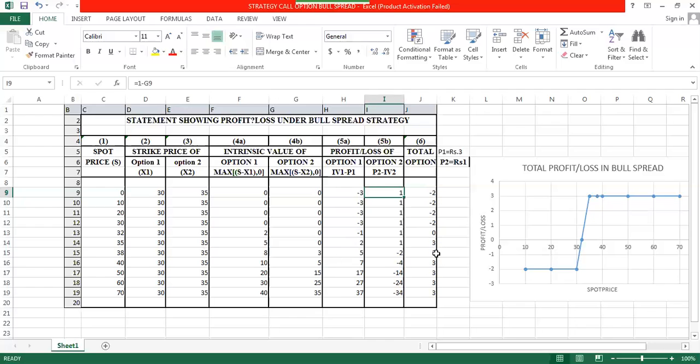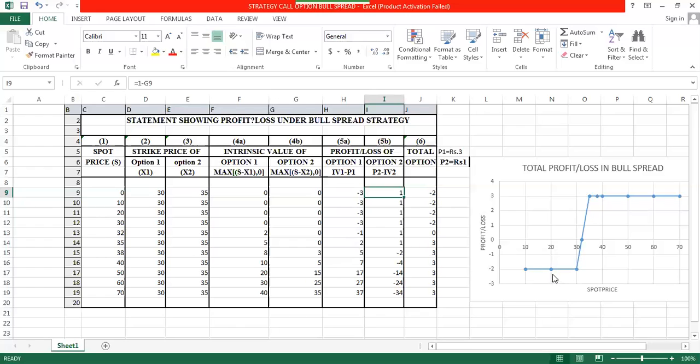After that, the profit will remain the same, whatever the rise in the market. So one point is clear: we are suffering loss if the spot price is equal to or below X1, and we will make profit if the spot price is above or equal to X2. In between, at X1 plus P1 minus P2, you are getting the break-even point.